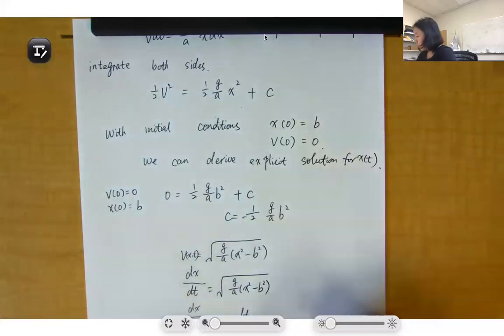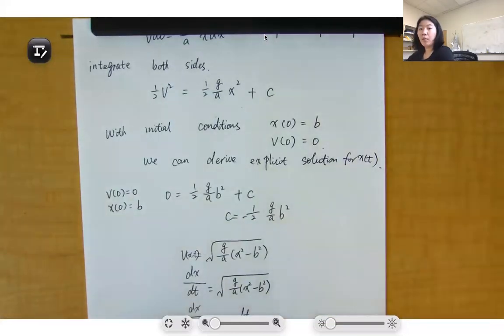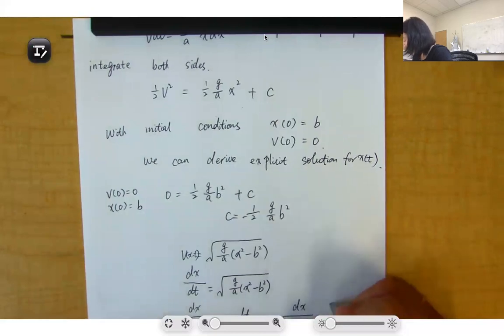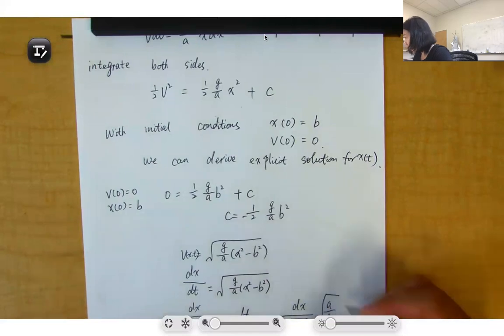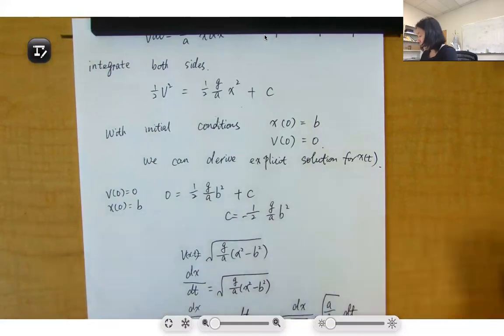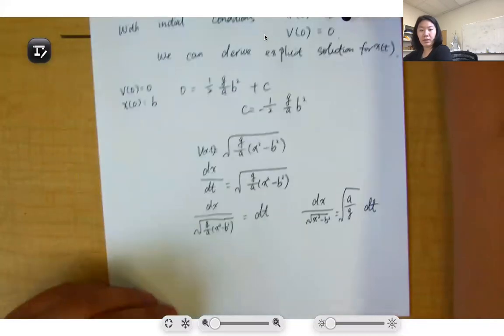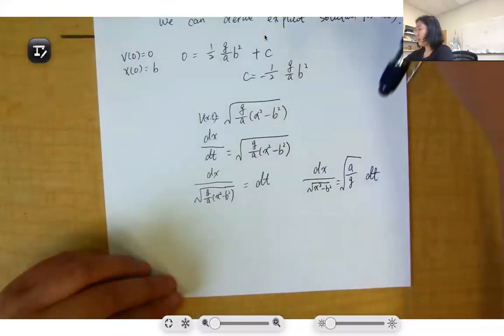So it's another separable form for the ordinary differential equations. And we can write dx over the square root of x squared minus b squared equals the square root of a over g dt. And this is a constant here. Probably couldn't see here. Okay, the constant here.